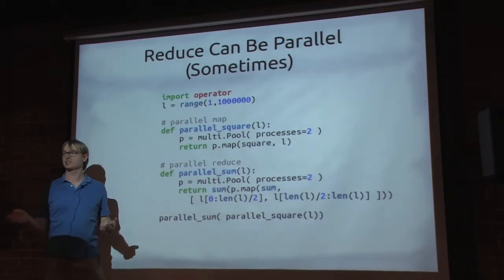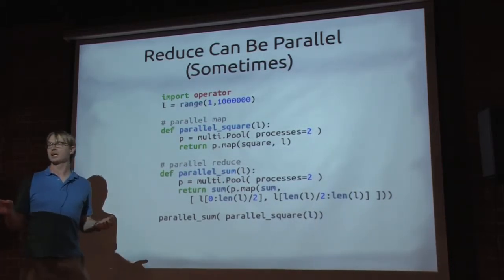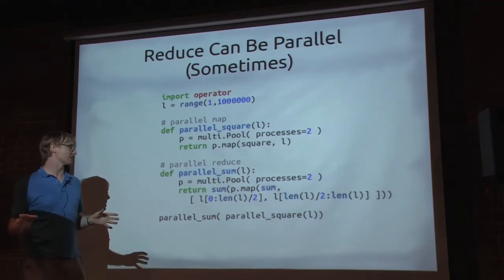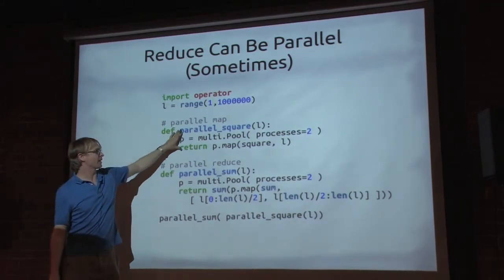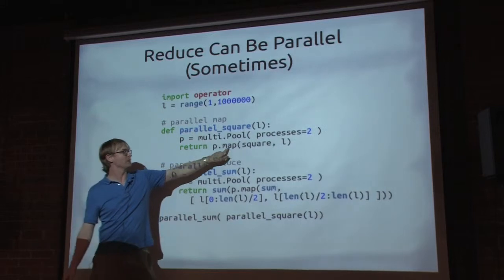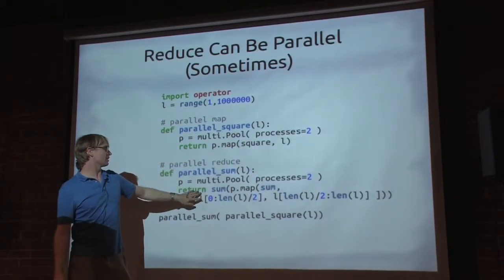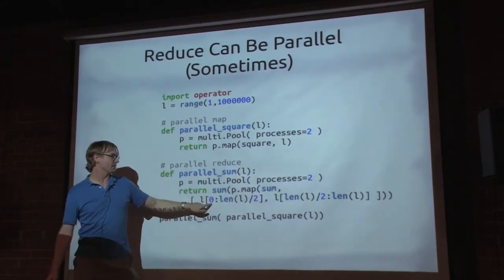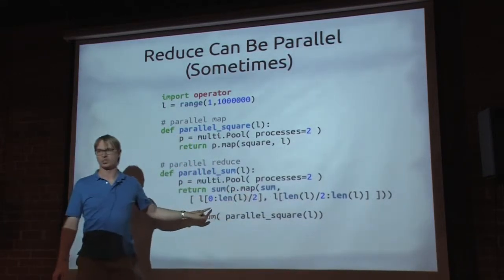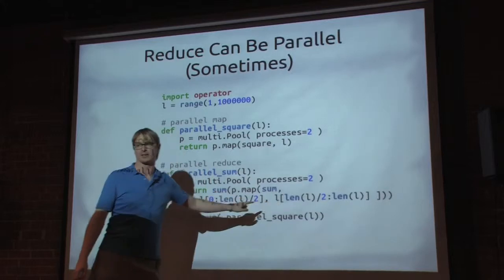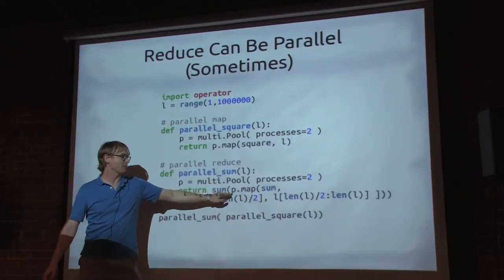In the case of summation, it doesn't matter what order we do the sum, and we can also break the sum up into smaller parts. So we can have our parallel square right here, where we do a p-map on a square, and we square a list of values. And here, we can actually break that list of values into 2 parts. So we just get a range, the first half, the second half. And we say, please do that in parallel.